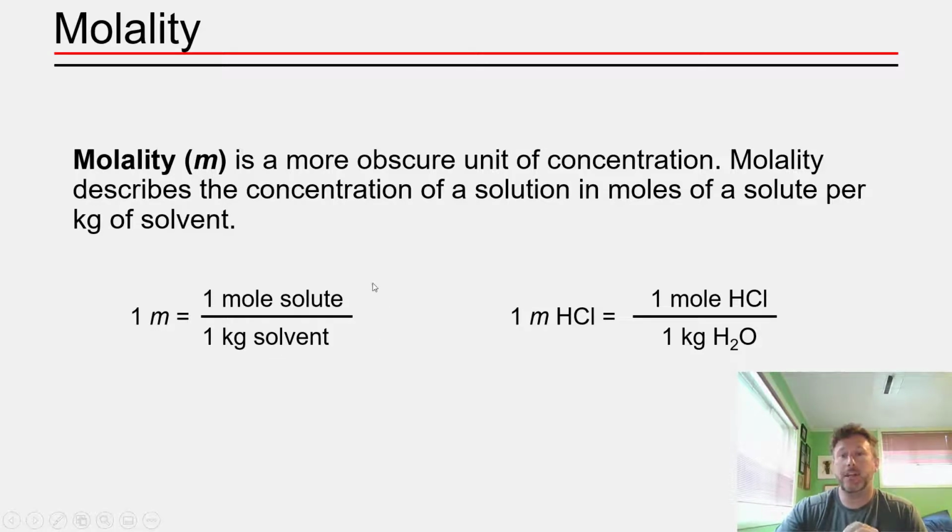And again, it's going to turn out to be really useful to write this out explicitly, not just 1 mole per kilogram, but 1 mole of solute per 1 kilogram of solvent. Therefore, a 1 molal solution of hydrochloric acid means that you would have 1 mole of HCl for every kilogram of the solvent water, which was part of the mixture.